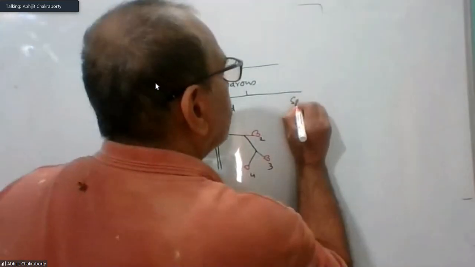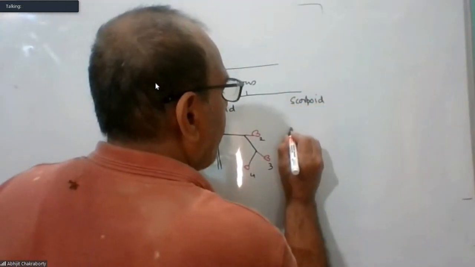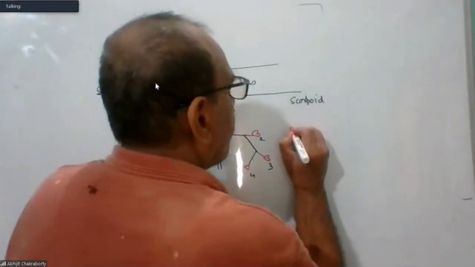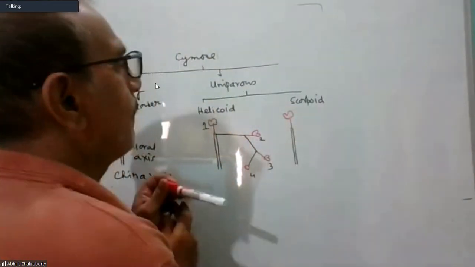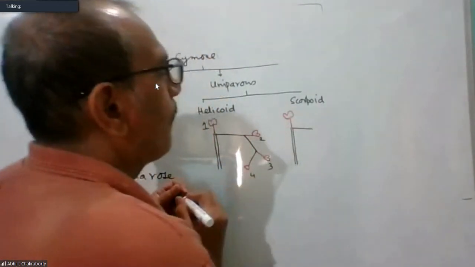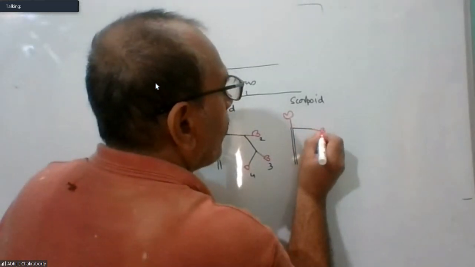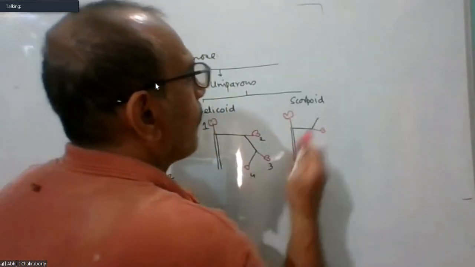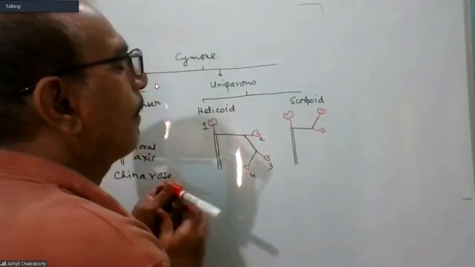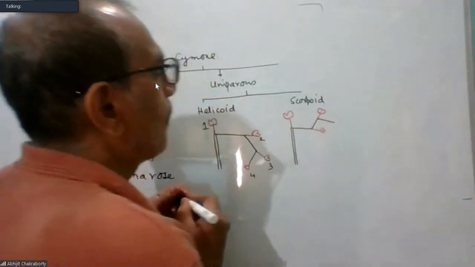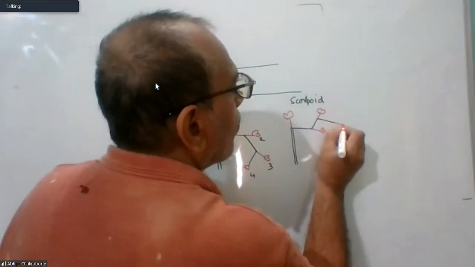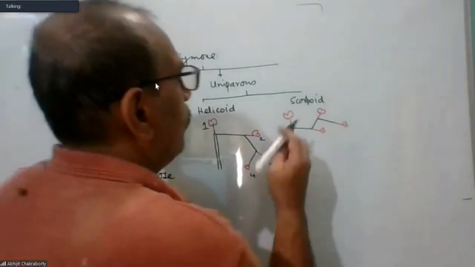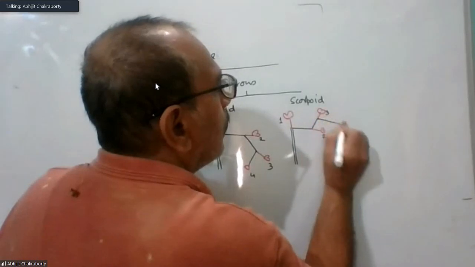In case of scorpoid, look here. First flower, second, third, fourth.